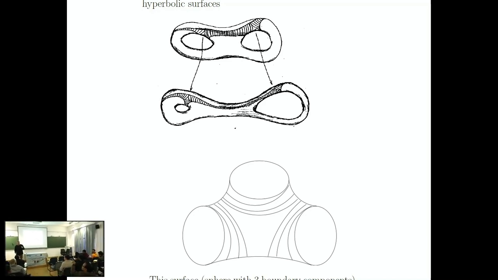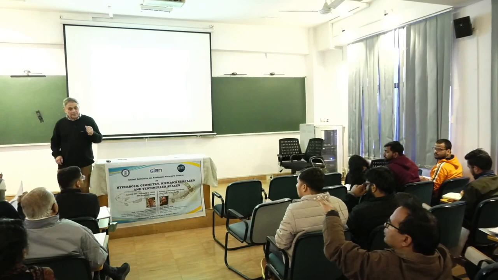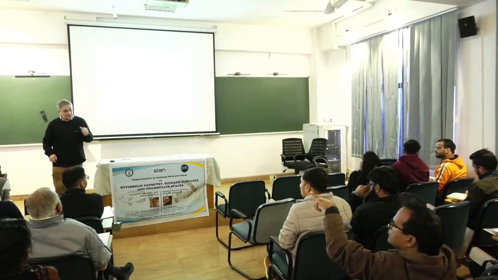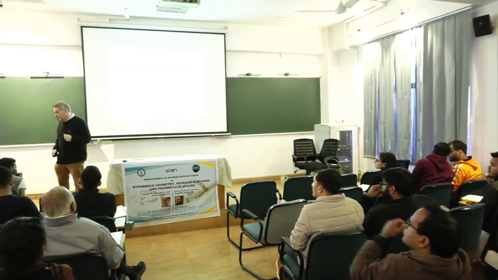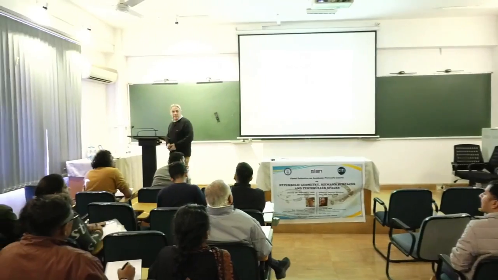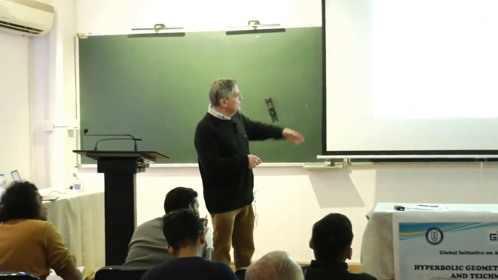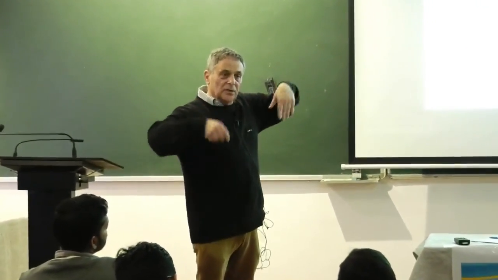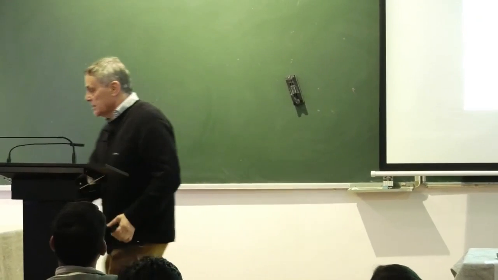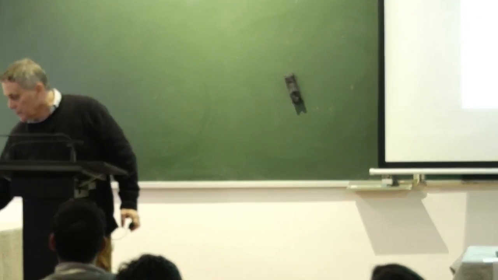Does it mean that all these surfaces you are taking are a quotient of the upper half plane by an isometry group? Yes, exactly. Because when you take the universal cover of this, you get all these ideal triangles like this one here.